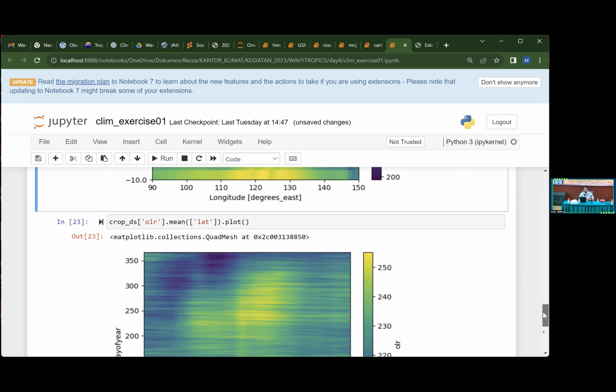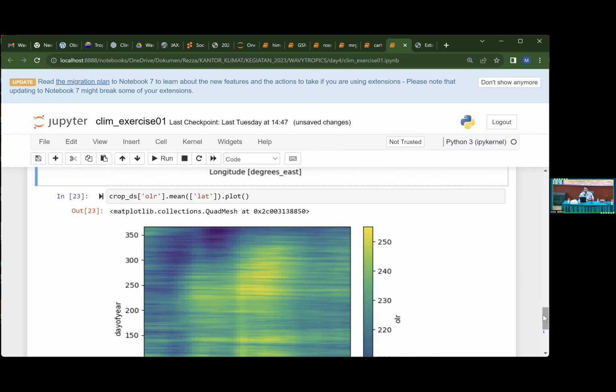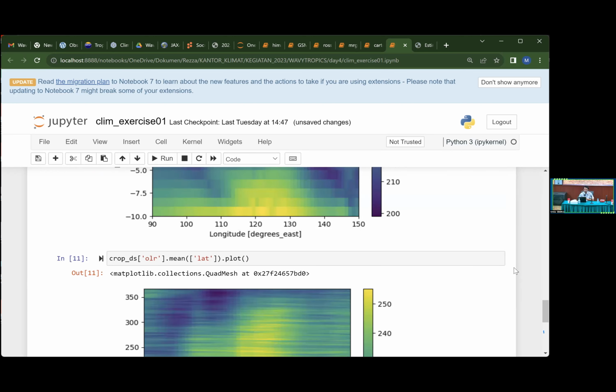And if you want to make the latitude-averaged Hovmöller diagram, we need to average over latitude. Remember, our data is between 10 south and 10 north. So when we average this, the result is supposed to be like this.